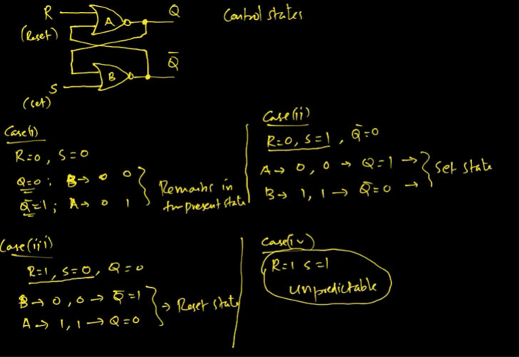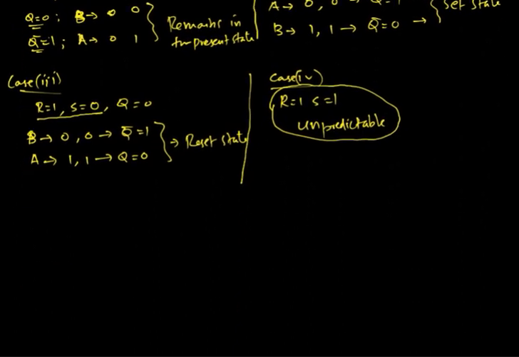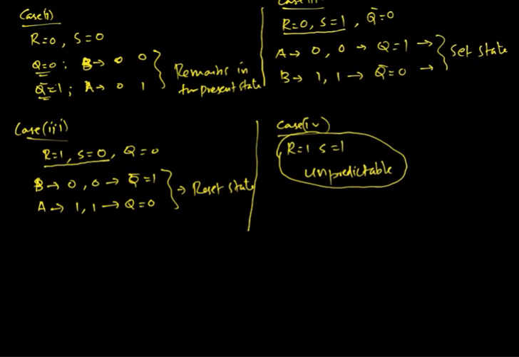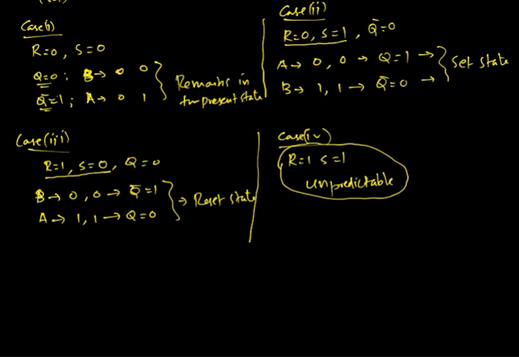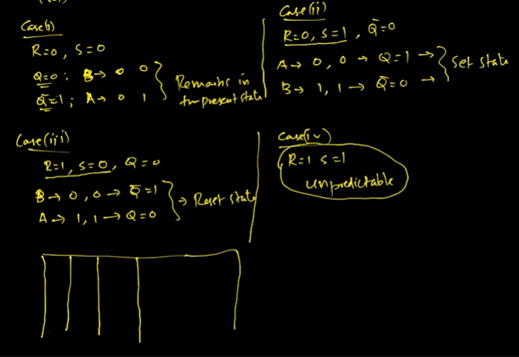So now if we consider the truth table for the RS flip-flop, considering the above mentioned 4 cases, we can draw the truth table as: this is for R, S, and the output Q, and let's have a comment on what action it is going to do.